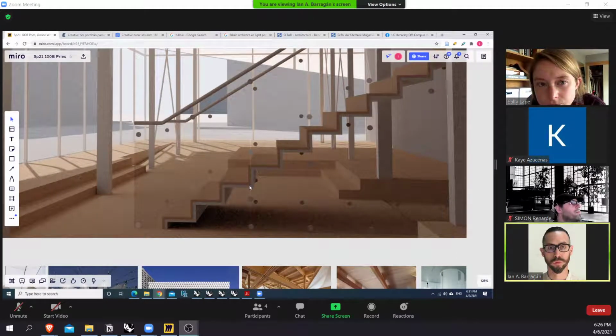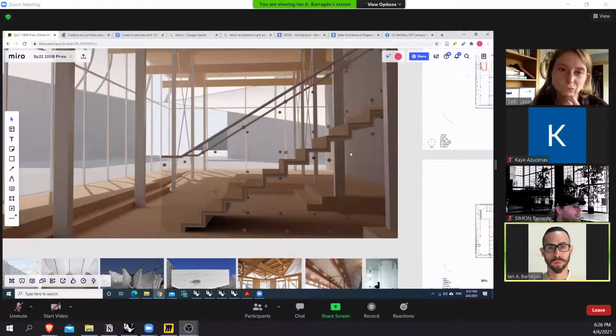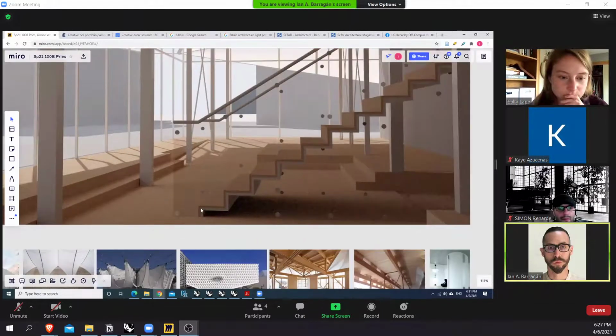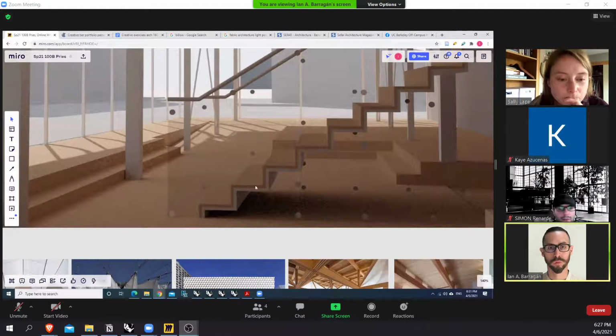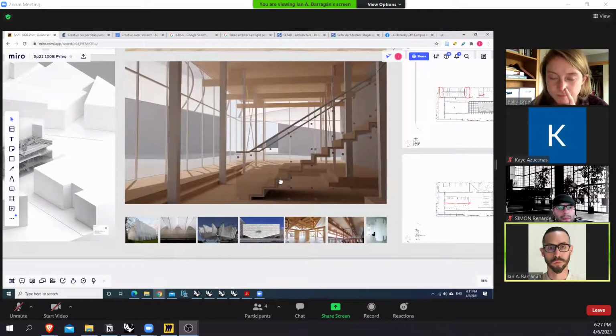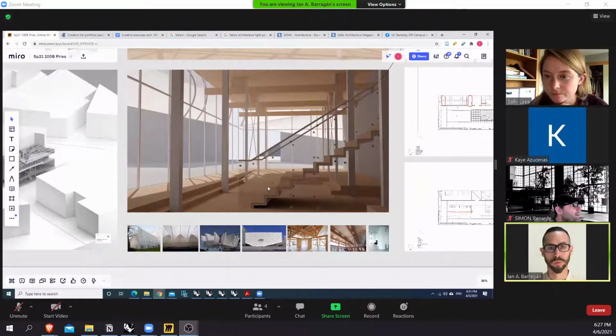It would be a steel folded plane, and that would reach out to a concrete wall on the back, and then the riser and the tread would be wood, and so that would be the structure of the stair. So do you think that works, or do you have to add?